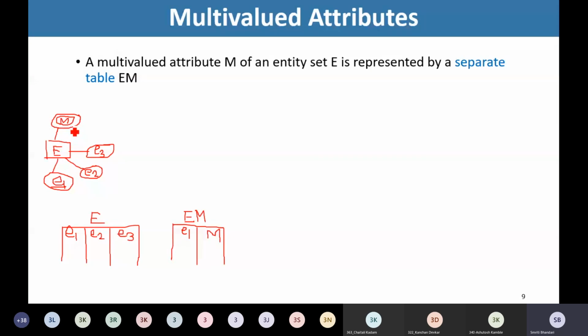And how to deal with this multi-valued attribute now? For the multi-valued attribute, I'll be creating a separate table, and in this table, I will have the primary key of E along with this attribute itself, that is M.